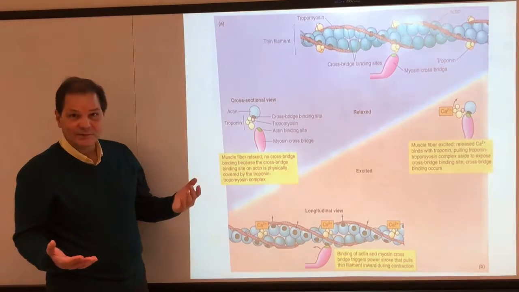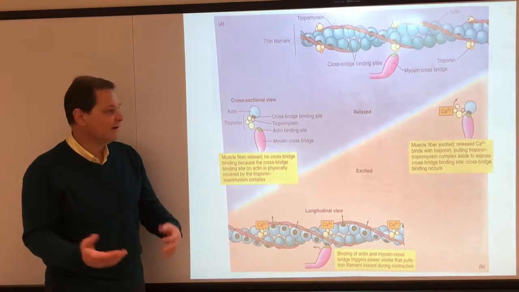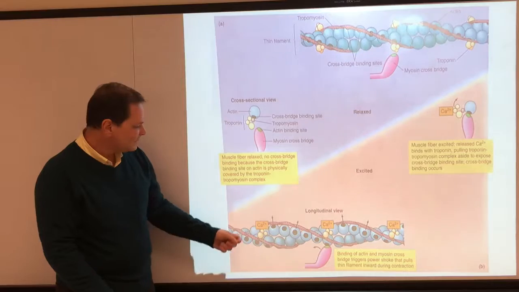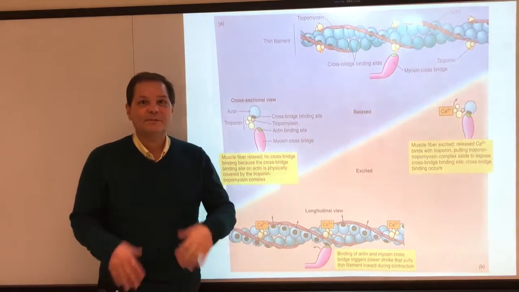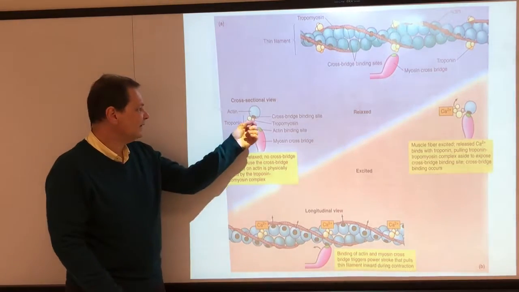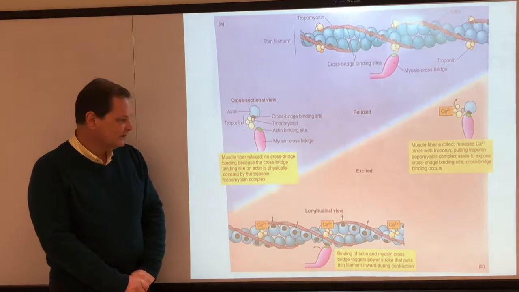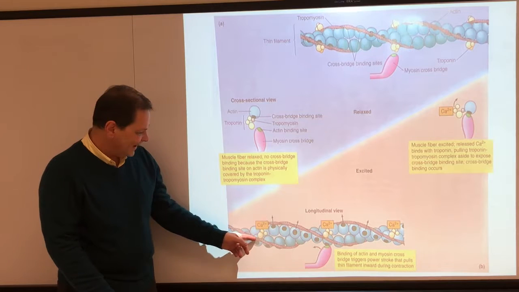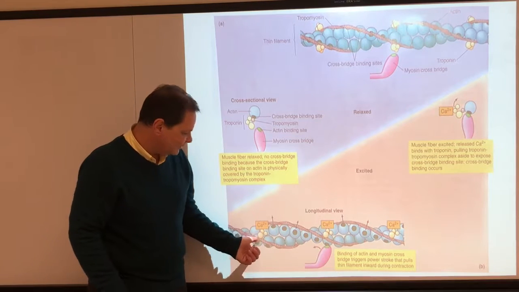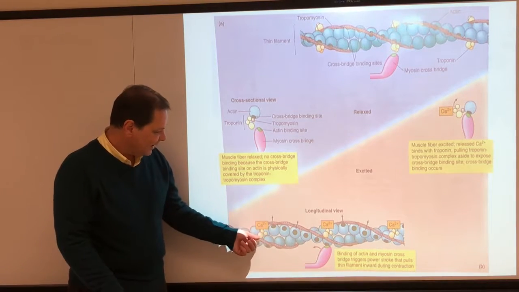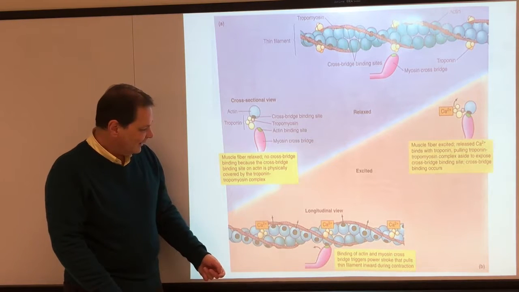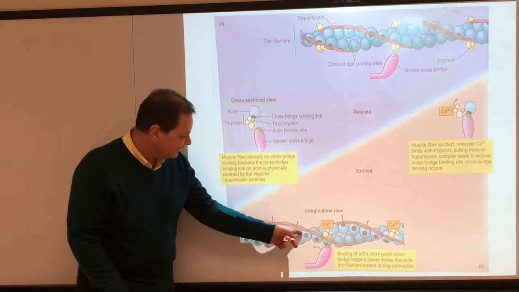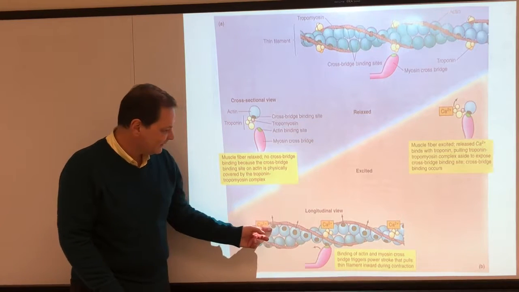You get calcium release into the cytosol through the mechanism I just described. That binds to troponin, specifically troponin C, which is a subunit here. Troponin C, troponin T and troponin I interact with the actin and the tropomyosin in such a way that it shoves the tropomyosin away from these myosin binding sites on the actin.